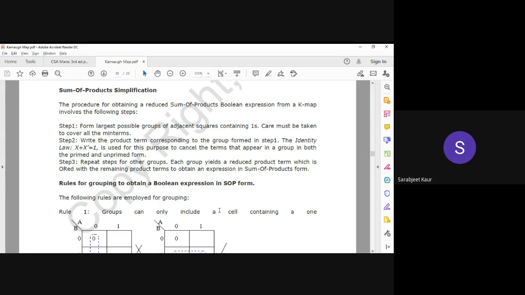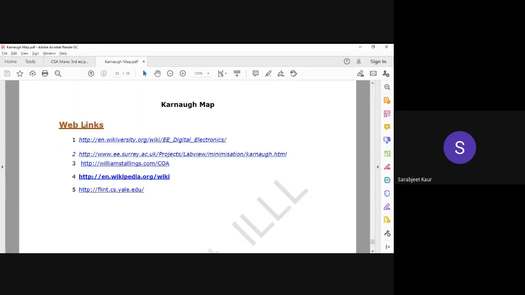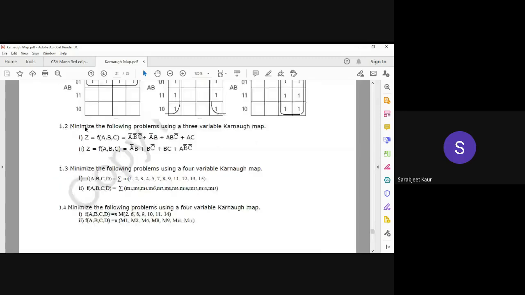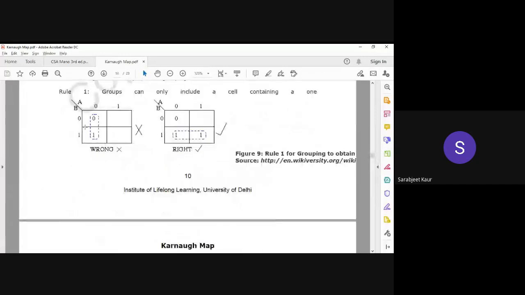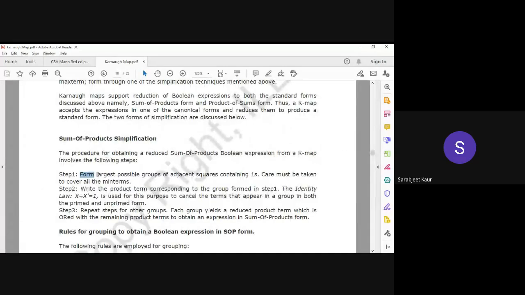Now suppose I have 4 ones together. Then I should not try to make 2 separate groups of 2 ones each.